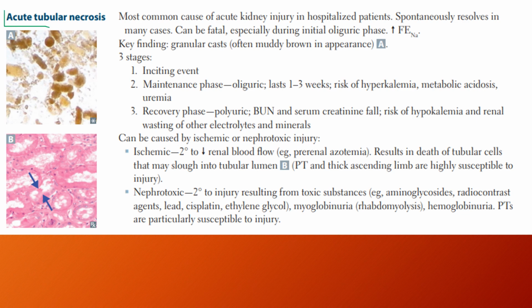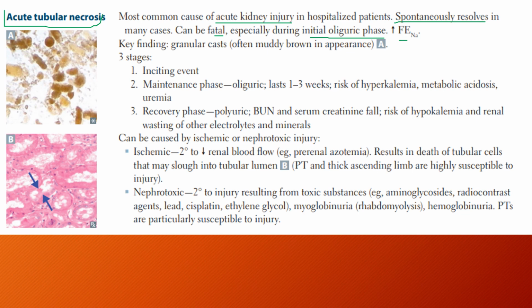Acute tubular necrosis is the most common cause of acute kidney injury in hospitalized patients. It spontaneously resolves in many cases. It can be fatal, especially during the initial oliguric phase.